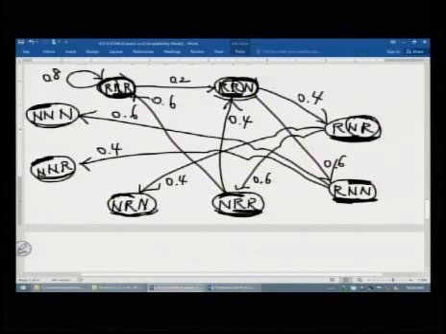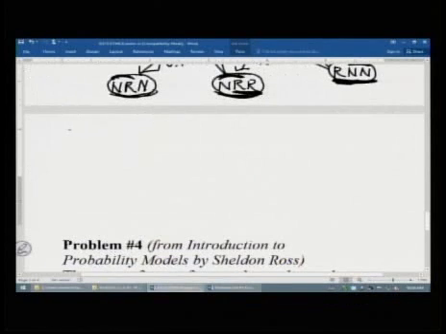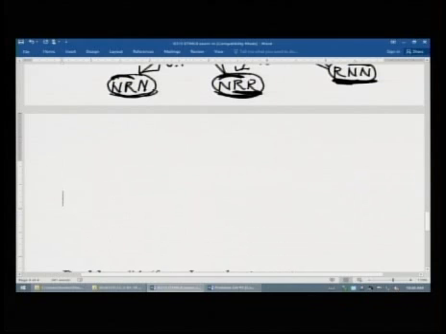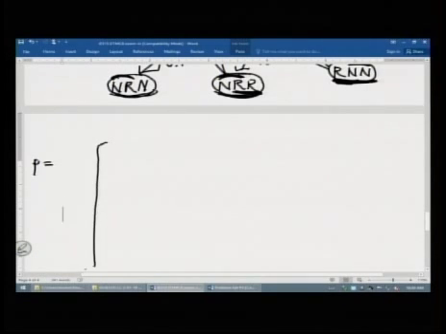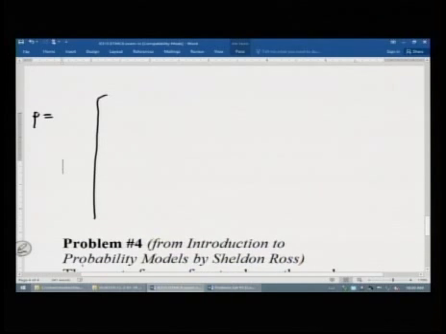The same way. So I'm gonna construct the one step transition probability matrix based on that. Okay, that's going to be P matrix. So we have a big matrix.